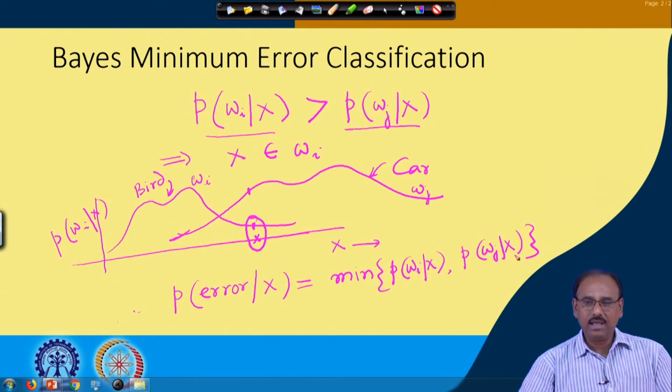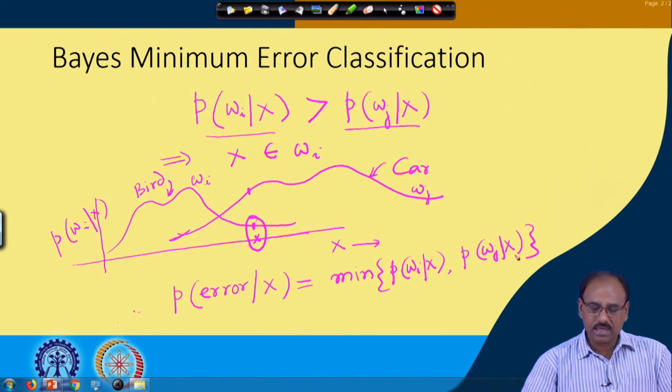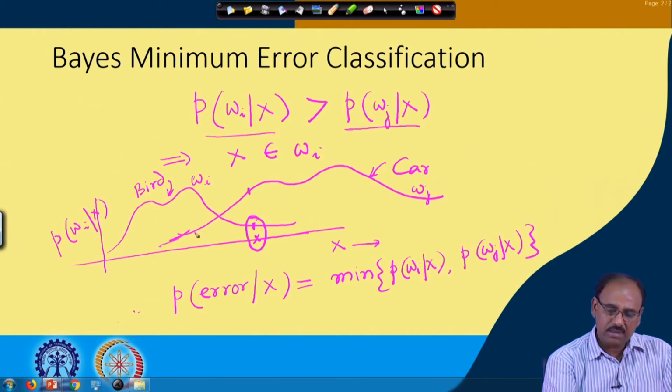And what is the total error in this case? The total error of classification is nothing but the error, or the area under this curve.